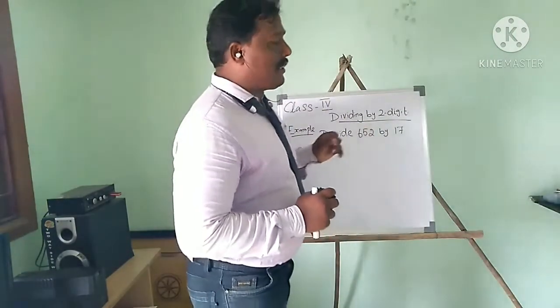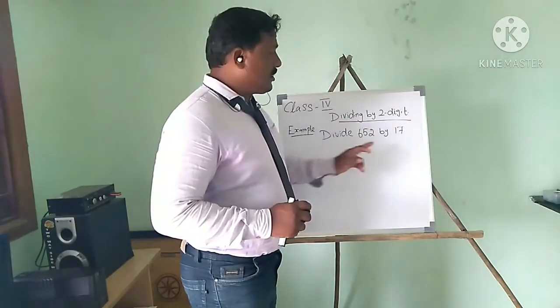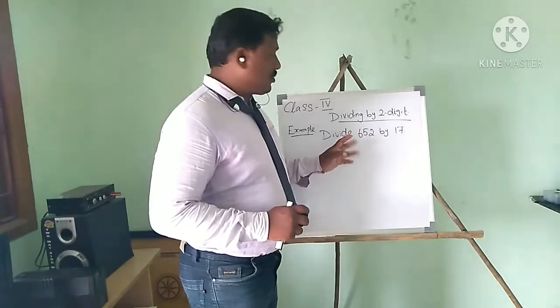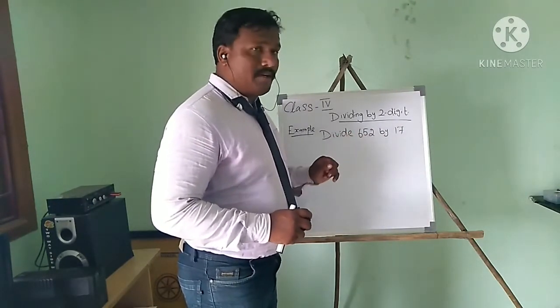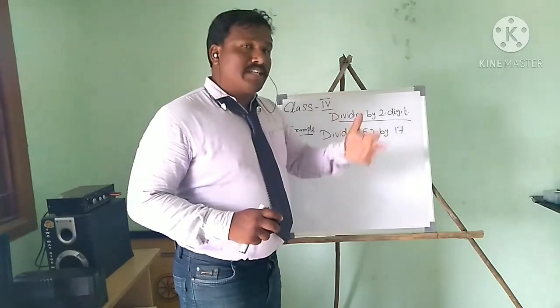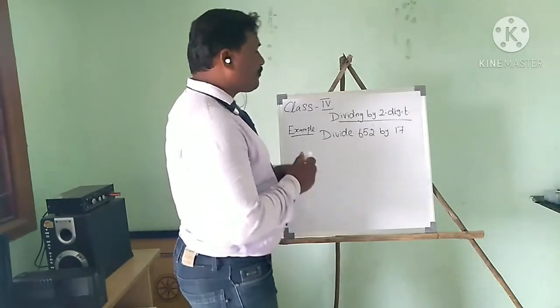Let me take an example. Divide 652 by 17. 17 is a two digit number. So when you divide 652 by this number, how many digits do you take first to divide? I will tell you first of all.